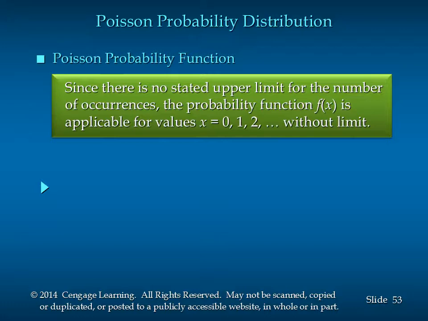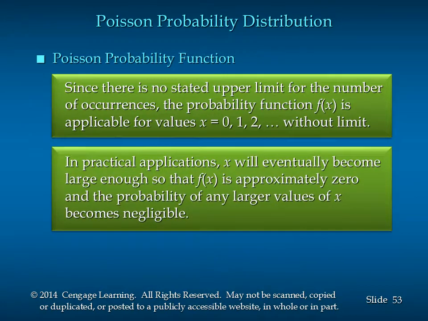There's no stated upper limit. And so eventually that number is going to get large enough where your probability is going to be 0. So for example, let's take the Best Buy. What's the probability that 10,000 people are going to walk in the door between noon and 1 on a Saturday? Not very high. That would be almost 0 to none. Unless you've got the new iPhone coming out or something like that, right?